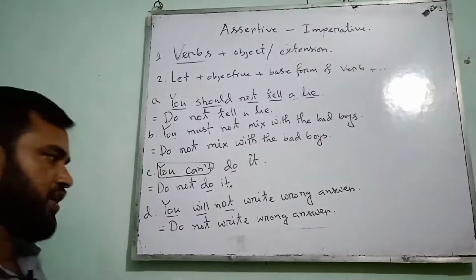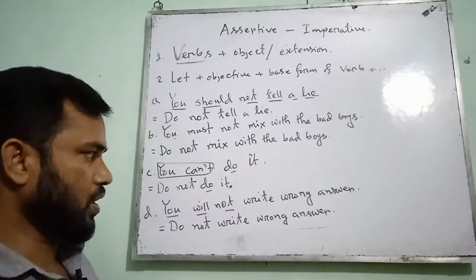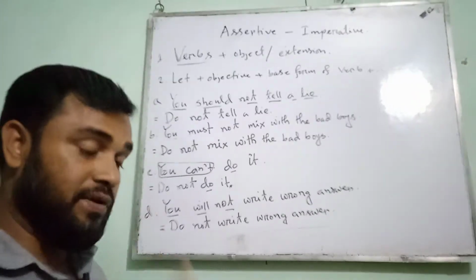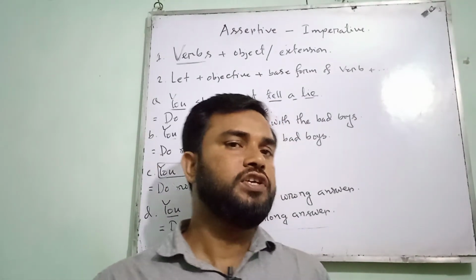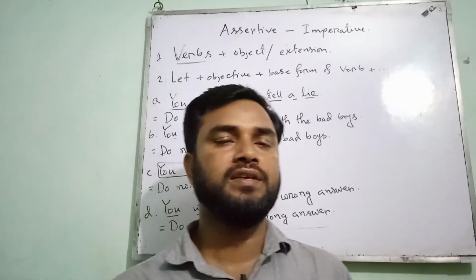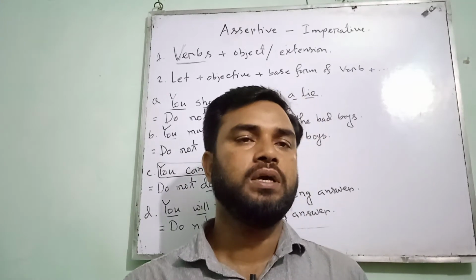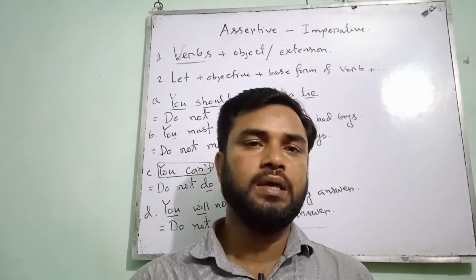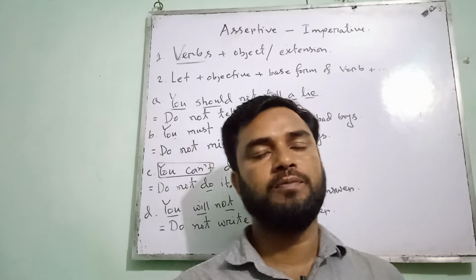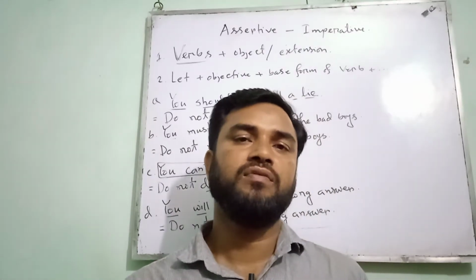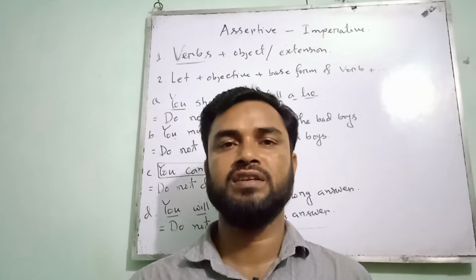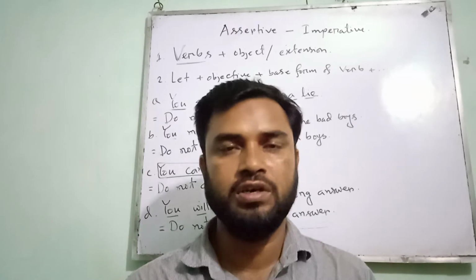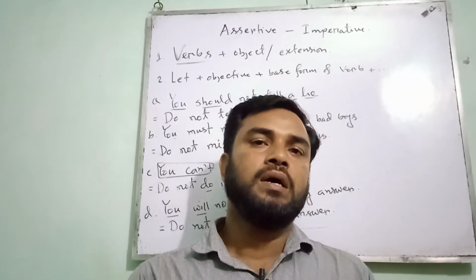Do not write wrong answer. So, if a sentence begins with the subject "you" and the sentence is affirmative, then we have to write from the verb till the end of the sentence, and then it will turn into an imperative sentence.